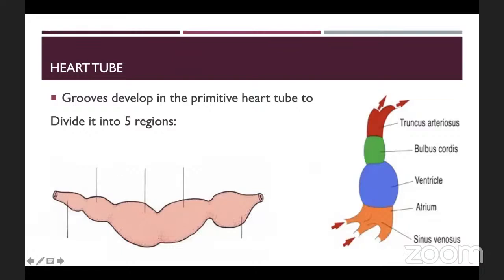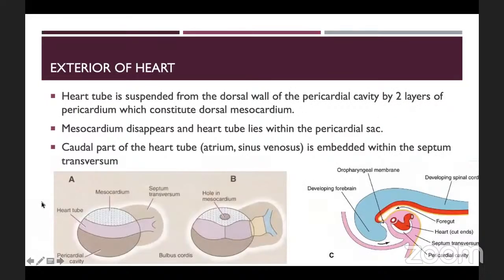After the tube fuses, grooves develop in the primitive heart tube to divide it into 5 regions. These grooves. The heart tube is suspended from the dorsal wall of the pericardial cavity by 2 layers of the pericardium, which constitute the dorsal mesocardium.